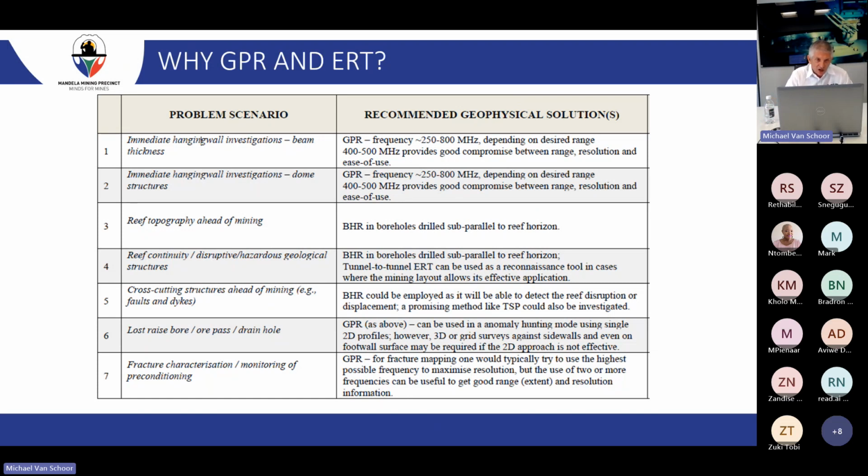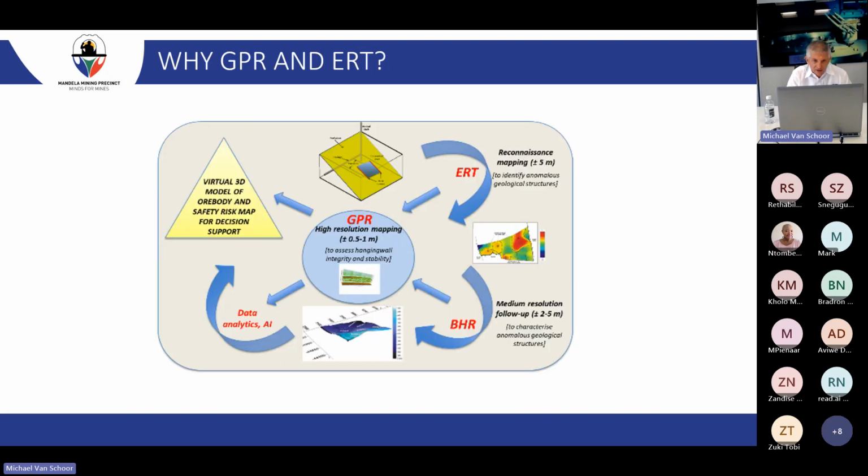But the main reason why we focus on GPR and ERT is maybe a bit because of an internal bias. We at the CSIR focus quite heavily on the GPR, ERT, and bore radar technologies. I deliberately excluded bore radar from this presentation today, simply because it wasn't really a focus of R&D in the AOK program.